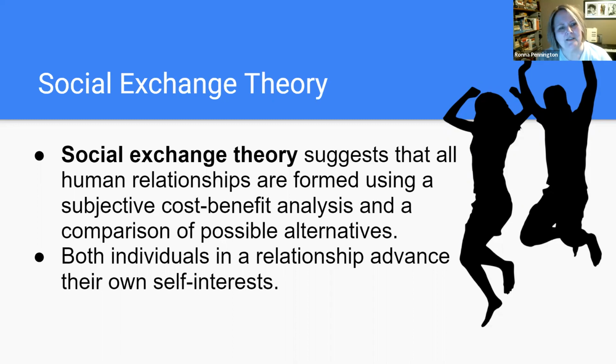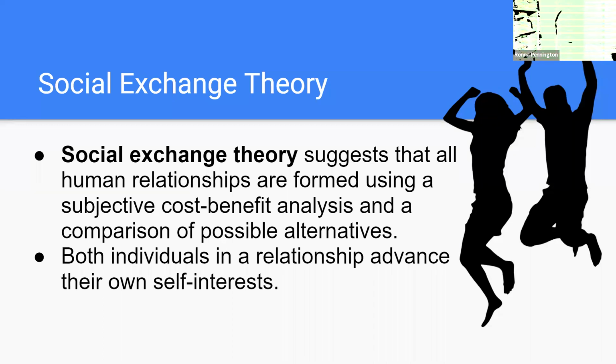So don't let this social exchange theory kind of turn you away from the idea of communications, the idea that people are only in it for themselves. But we do try to better ourselves. And part of that is because of something that we'll talk more about in an upcoming lesson, Maslow's hierarchy of needs.